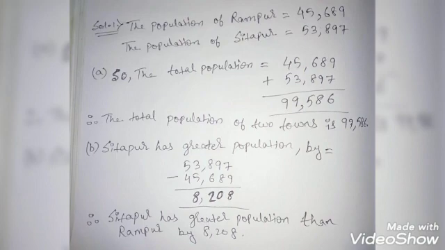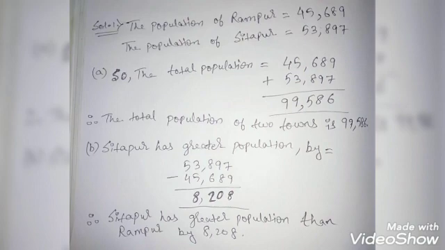Now when we are going to find the total of anything, always remember the total can come only by adding. If we add the population of both the towns, we will get the total population of Rampur and Sitapur. So we have to add both the numbers.